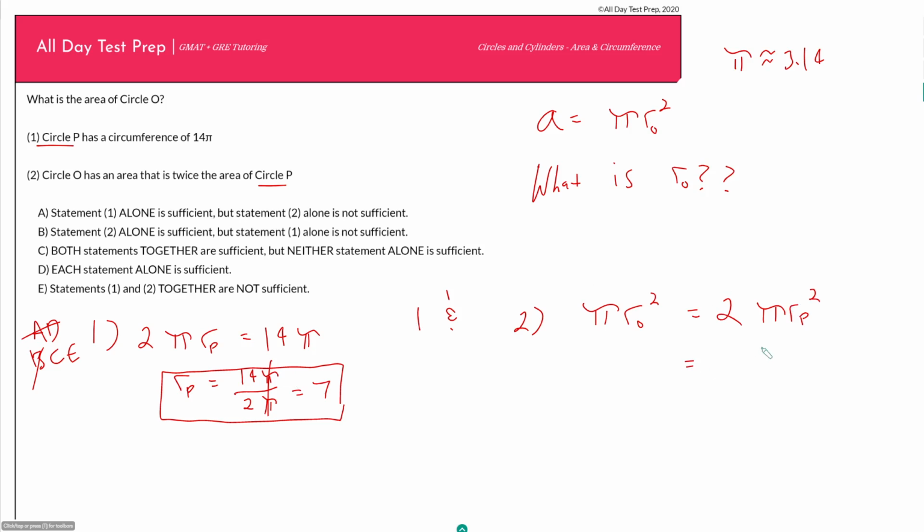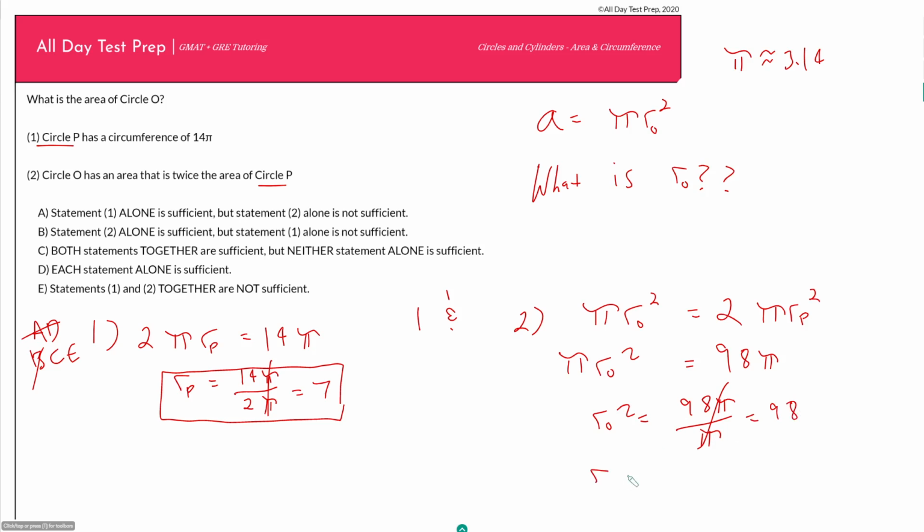The area of circle P should just be pi times 7 squared, which is 49 pi, and then 2 times that should be 98 pi. And so if we are looking for the radius of circle O, r squared should be 98 pi over pi, so radius squared is just equal to 98.